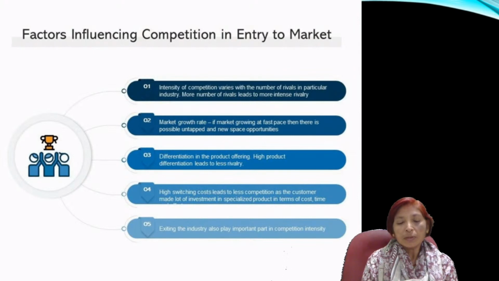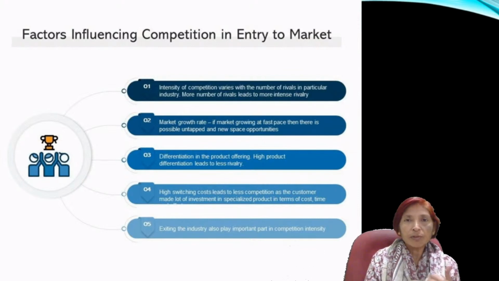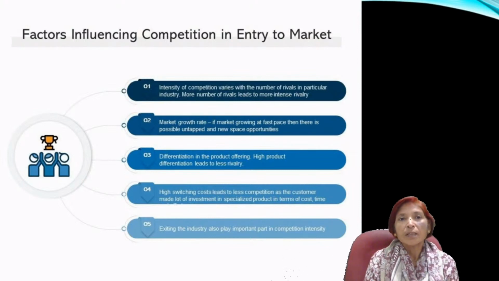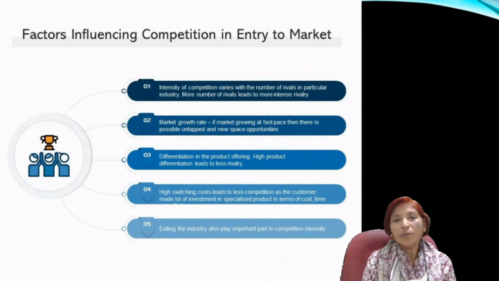How all these factors which affects the entry of the firms, because we have studied that in some markets there is a fully freedom of entry and exit, but in other market there is a restrictions on entry and exit. So what are the causes behind that? What reasons, what factors influence competition in entry to market?